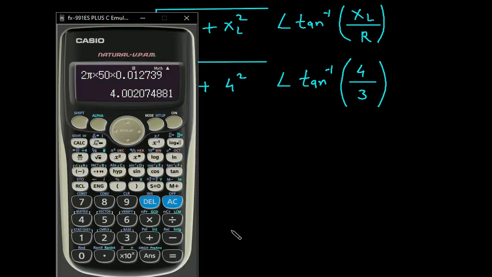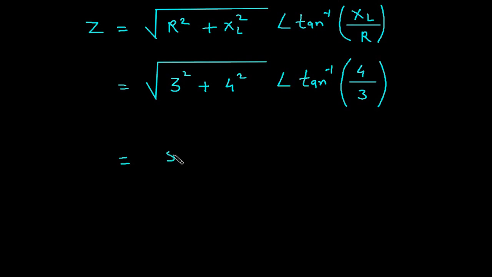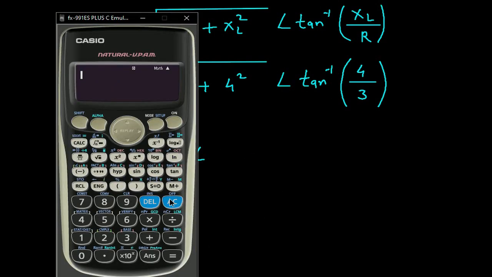So this will be under root of 3 square plus 4 square. So it is 5, at an angle of tan inverse of 4 by 3.